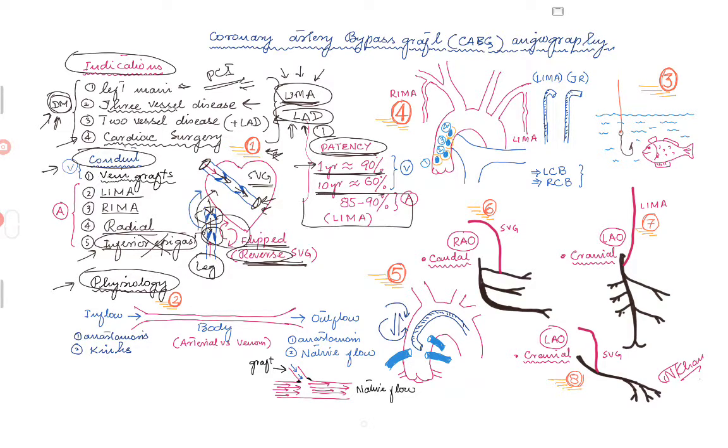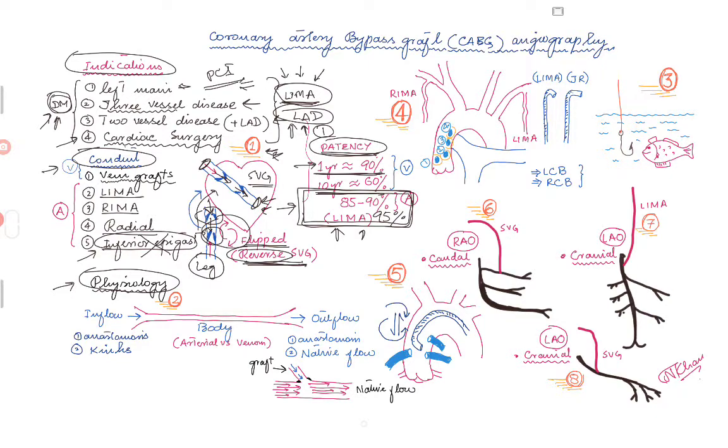But what I want you to look at is the LIMA. I drew a box around that. The LIMA has a patency of about 90%, 90 to 95% in some reports. So even after 10-15 years, if the LIMA is put in nicely with good targets on a good LAD, it can stay open for the rest of the patient's life.